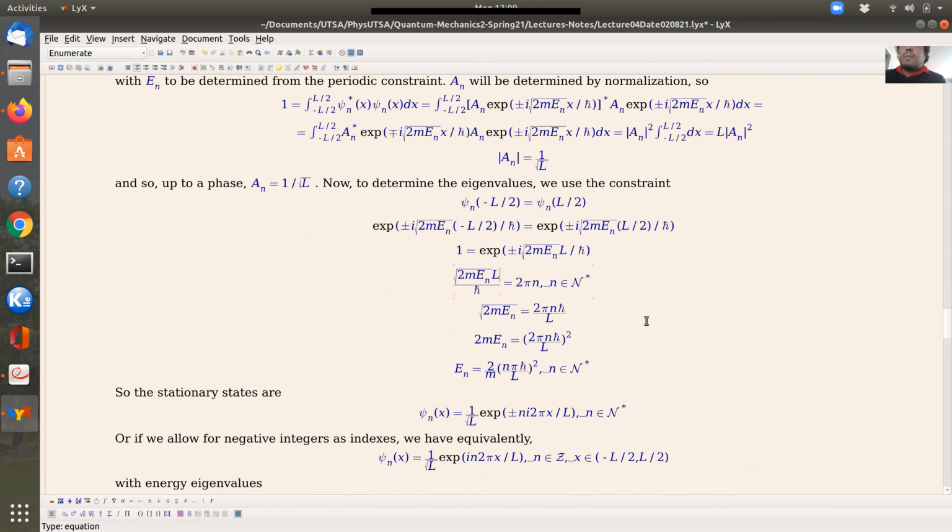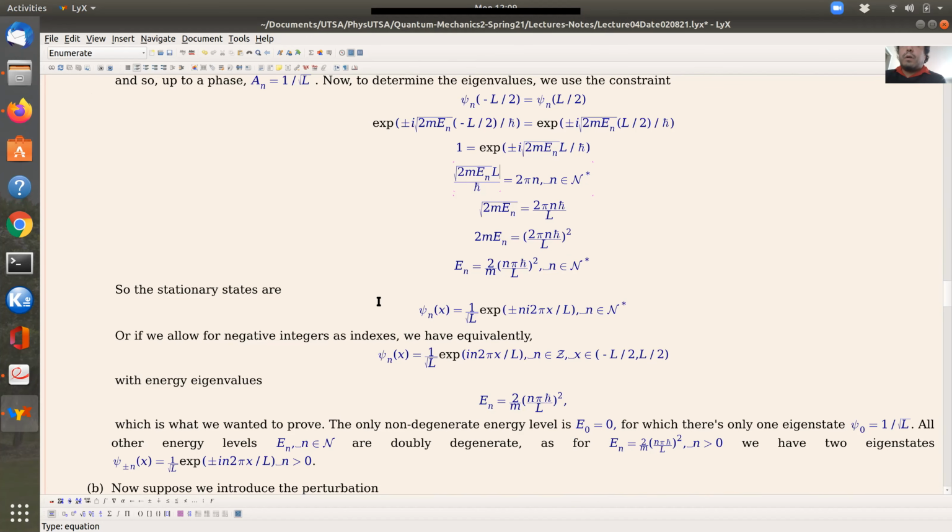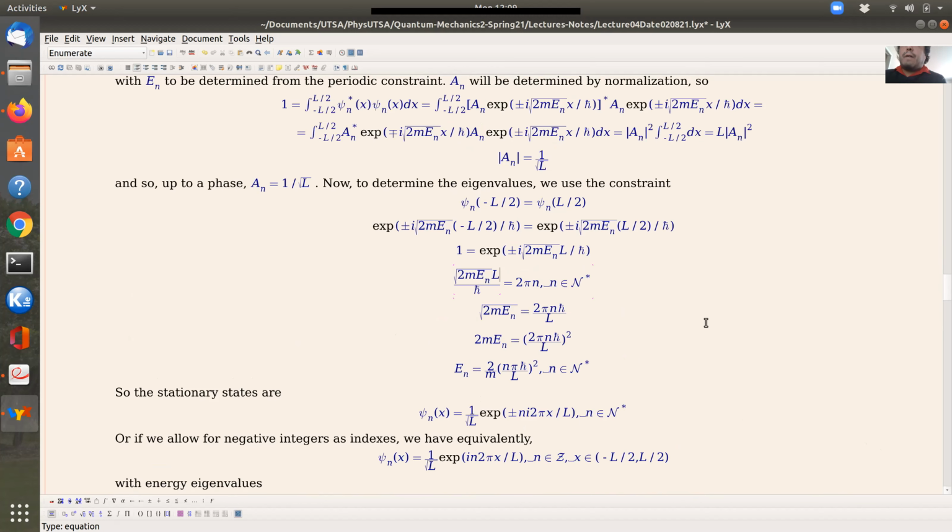So we have more things to do though. We have found the coefficient up to a phase, and we're going to stick with this choice. So we have 1 over square root of L, times the exponential of this that we have found. So we plug in the value of En that we have, particularly of square root of 2m, which we can find over here.